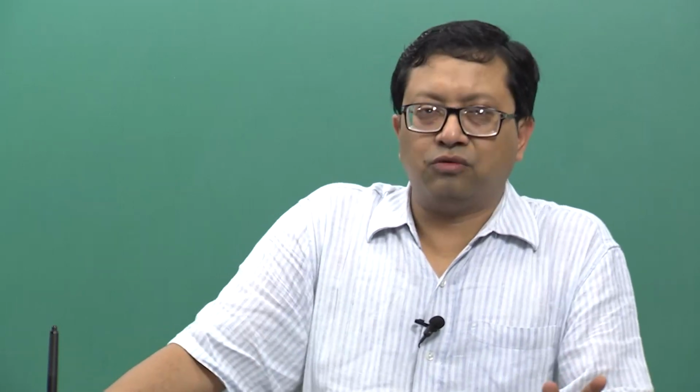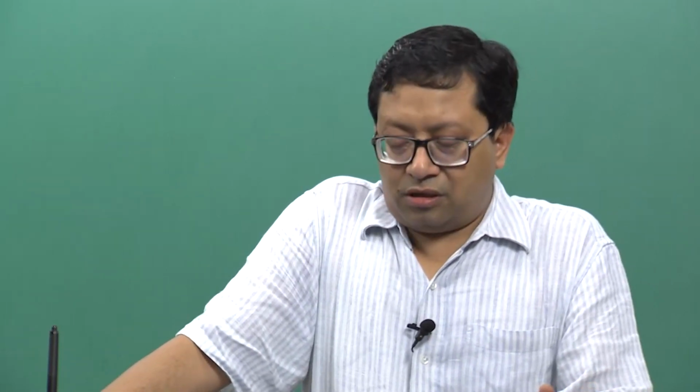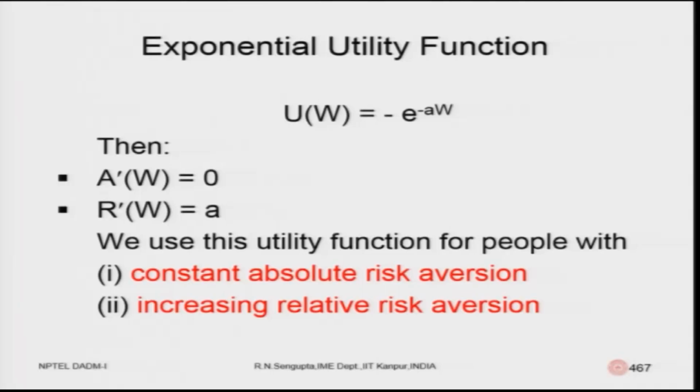So, let us continue with the exponential utility function. In the exponential utility function, you have the utility function given as minus exponential to the power minus AW, and A is the constant value which gives the shape or scale parameter for the exponential utility function.